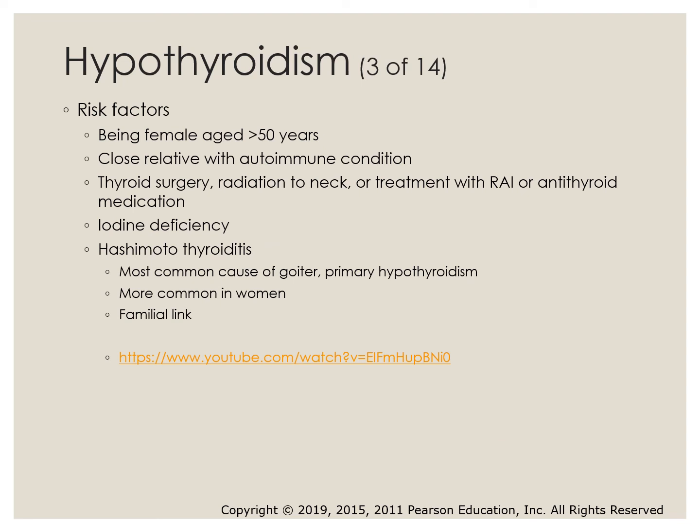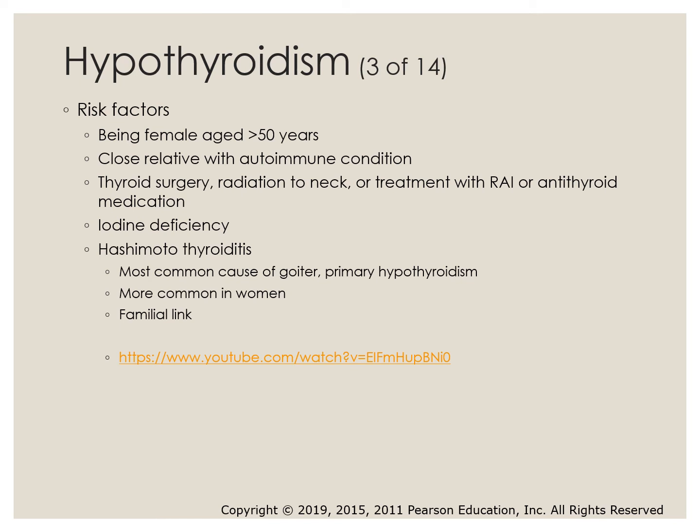Risk factors. Anyone can develop hypothyroidism. However, it is more common among women older than 50 years of age. I was 41. Individuals who have lost a close relative, it is a genetic disorder. And then there are other factors such as iodine deficiency, and then there's Hashimoto's thyroiditis, and that's what I had.